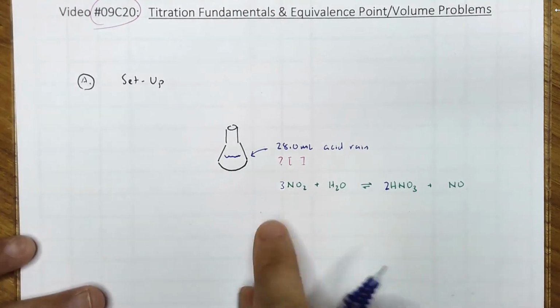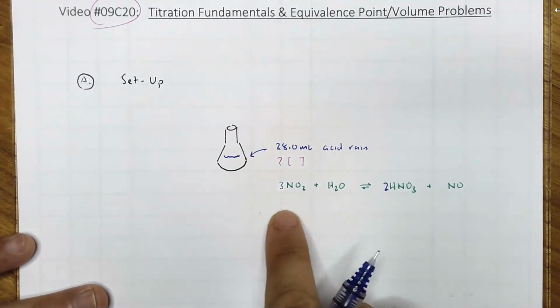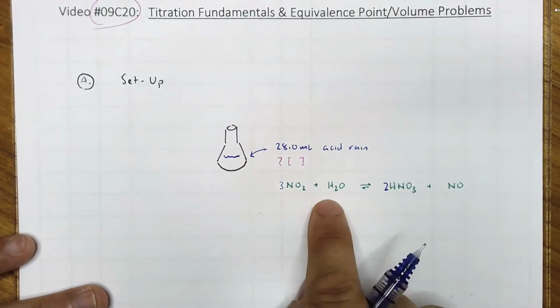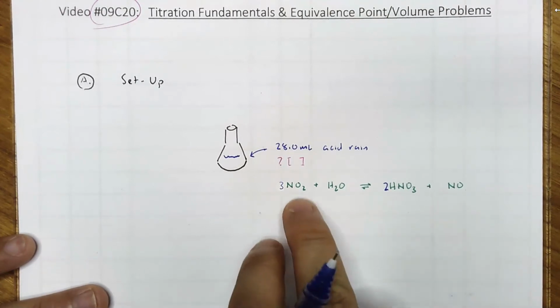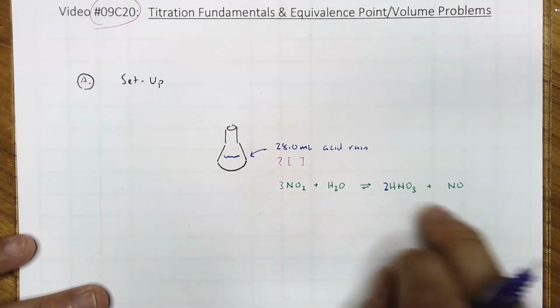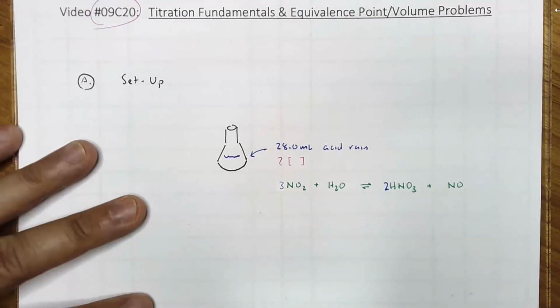Is that balanced? You have 2 hydrogens, 3 nitrogens, and 7 oxygens. Okay.